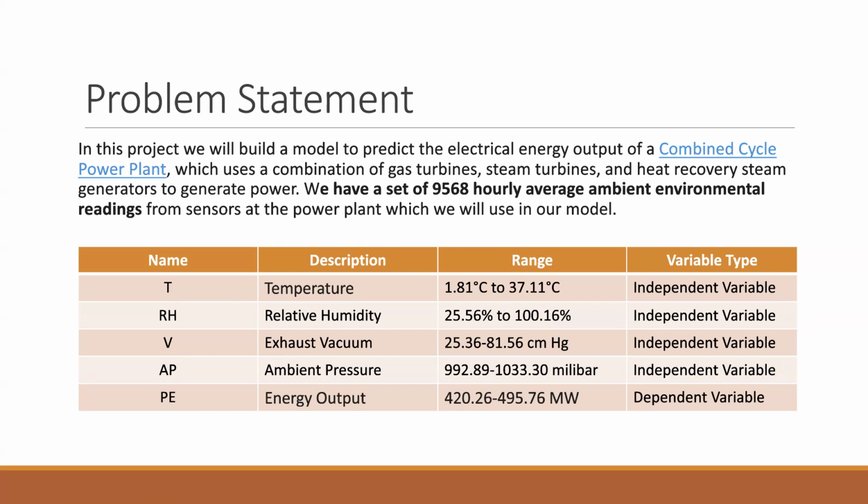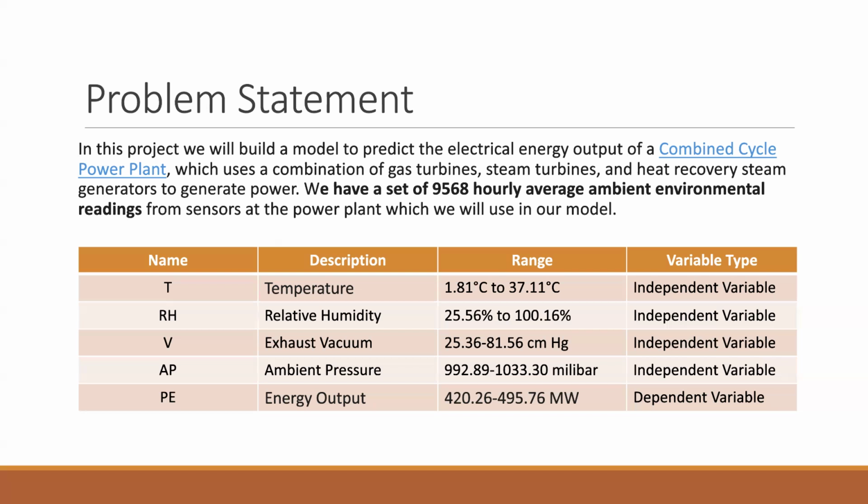So we have roughly 9,500 plus data parameters, which are primarily around the temperature, the relative humidity, the exhaust vacuum, the ambient pressure of the gas turbine, and also we do have the energy output that was produced for 1 hour.